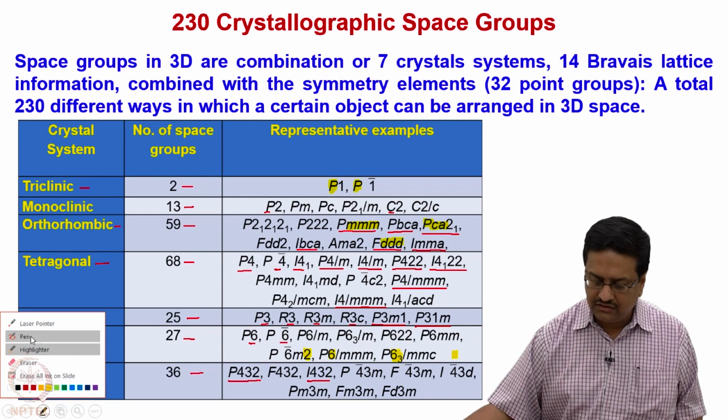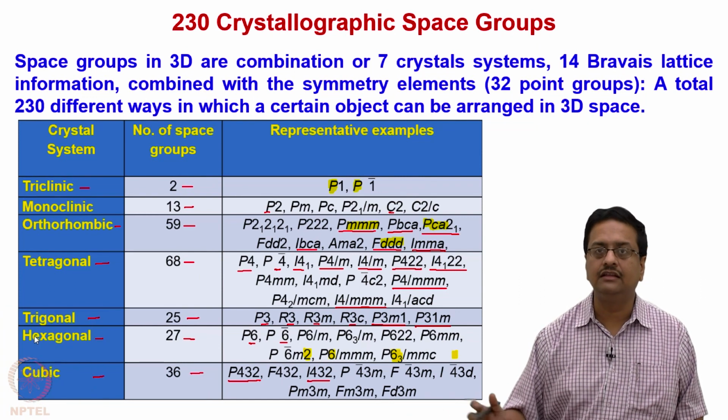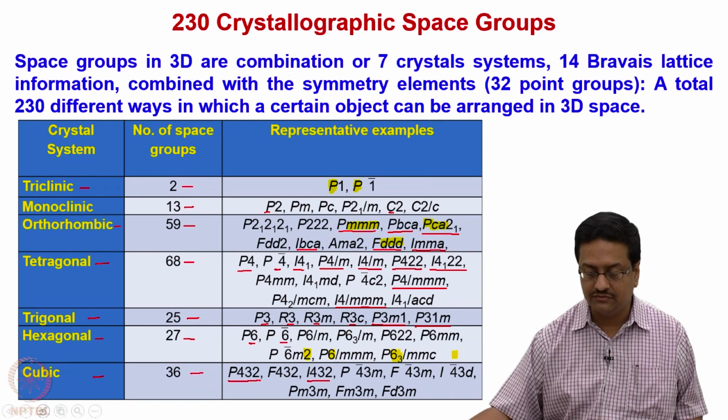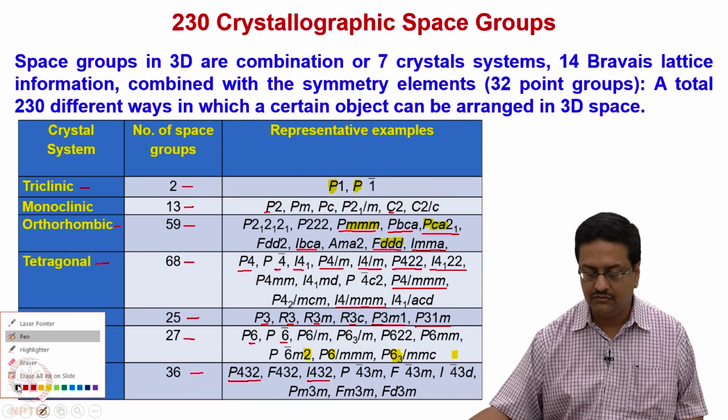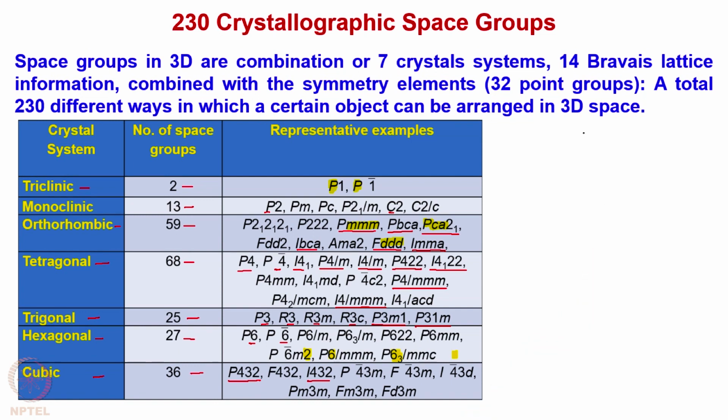At this point, I would like to also indicate that the crystallographic space groups can be subdivided in a few ways. These space groups can be divided into two major divisions: centric or centrosymmetric, and non-centric or non-centrosymmetric space groups.